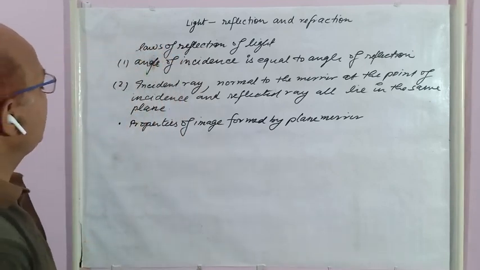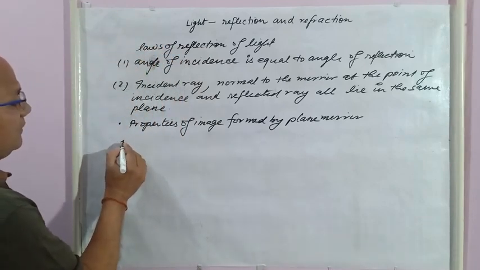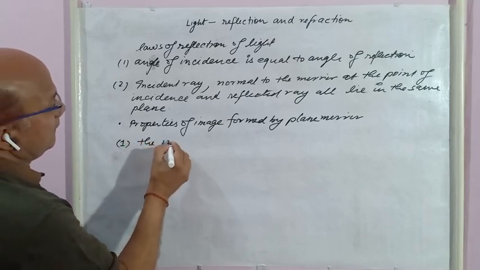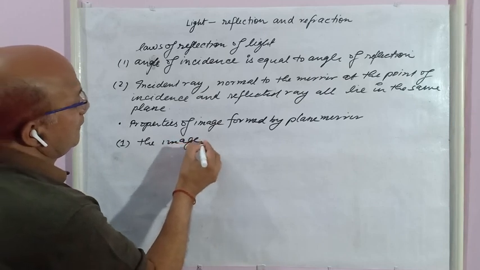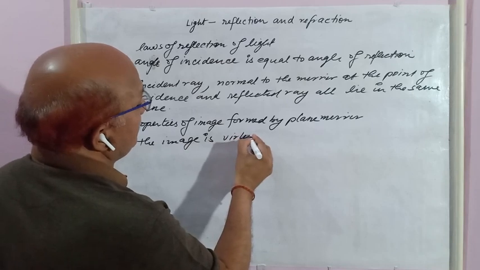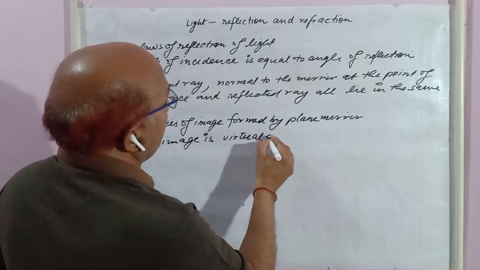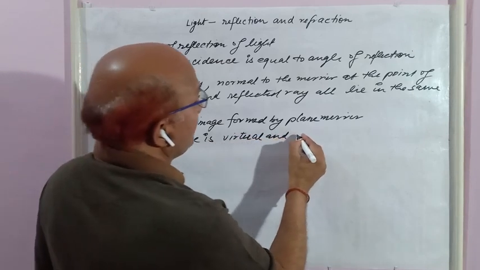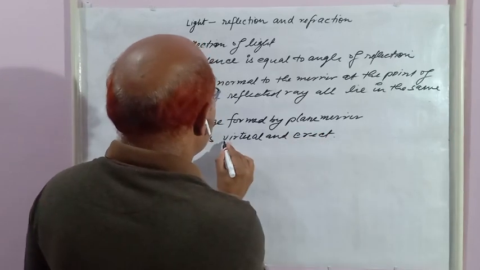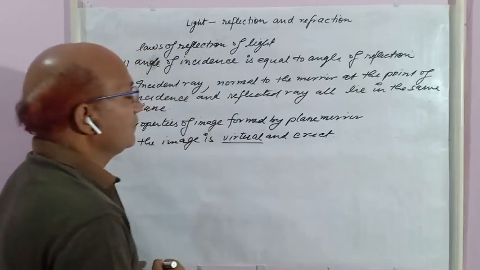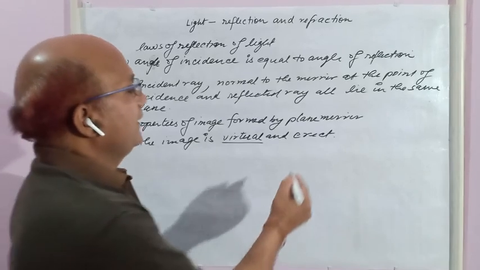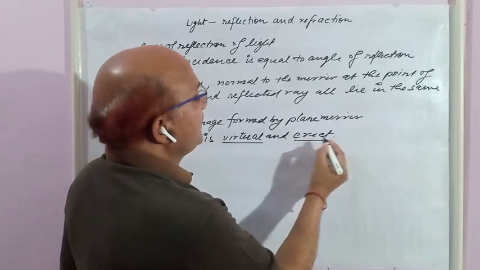What are the properties? Number one, the image is virtual and erect. Virtual means the image which can't be obtained on the screen, and erect means upright.